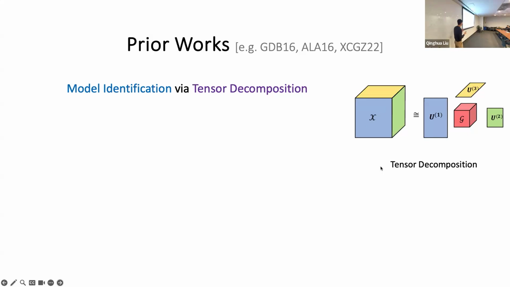The way they did it is they try to identify the parameters of POMDP using some spectral methods. I won't go into the details of their approach, but at a high level, it has two limitations. First, model identification could be an extremely strong learning objective.